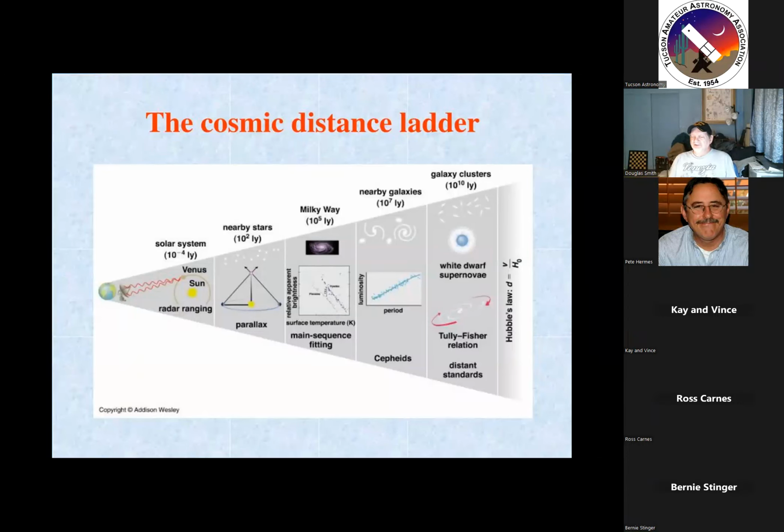Do you know if there's a direct relationship between Z, which is the redshift, and mega light years?